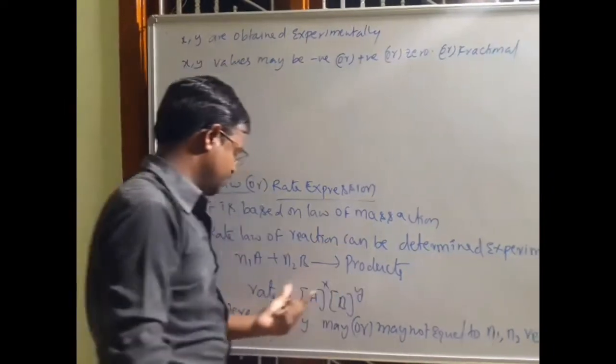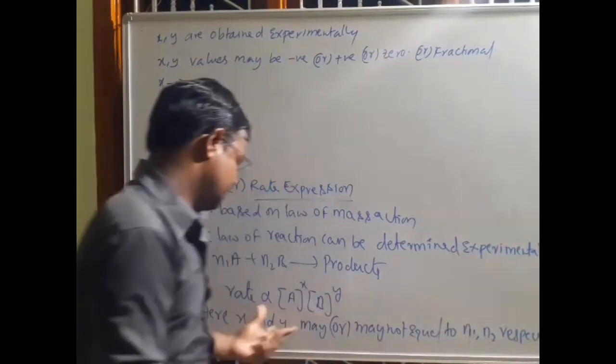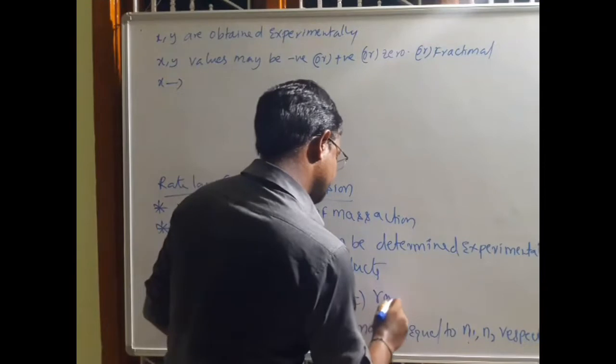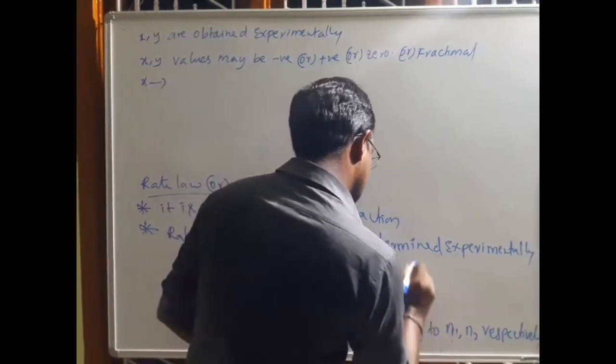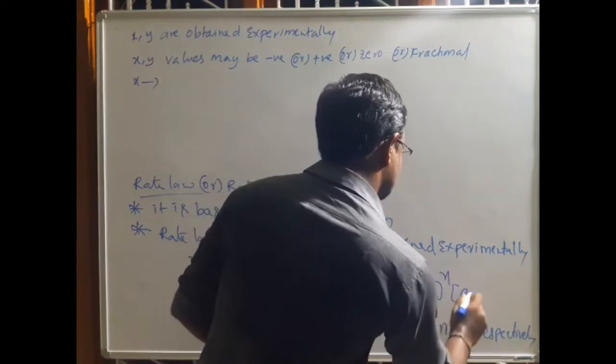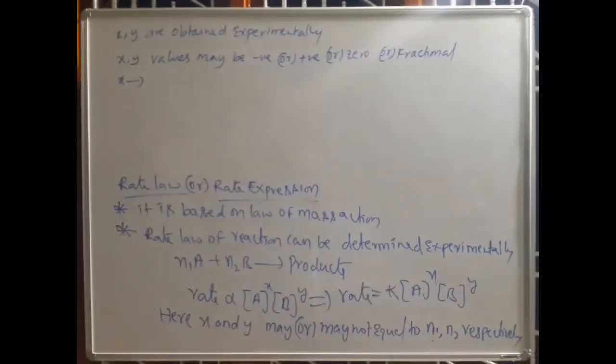The rate equation, if we take this rate equation and convert it into general form, on replacing the proportionality, rate equals k into concentration of A power x, concentration of B power y.